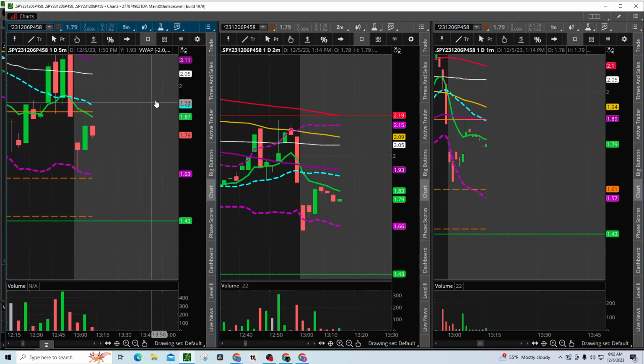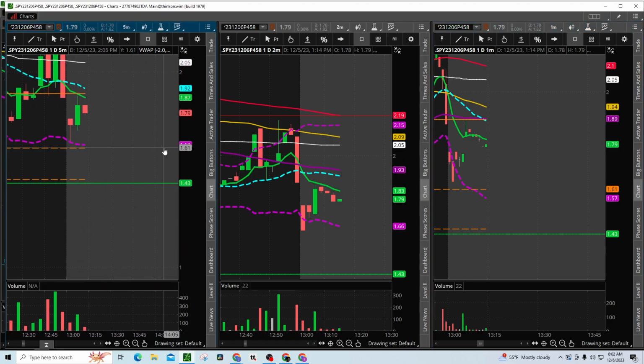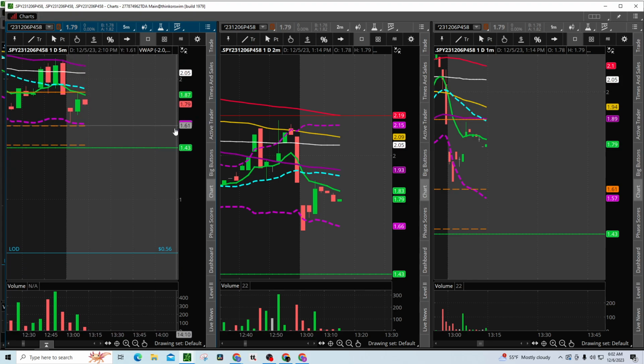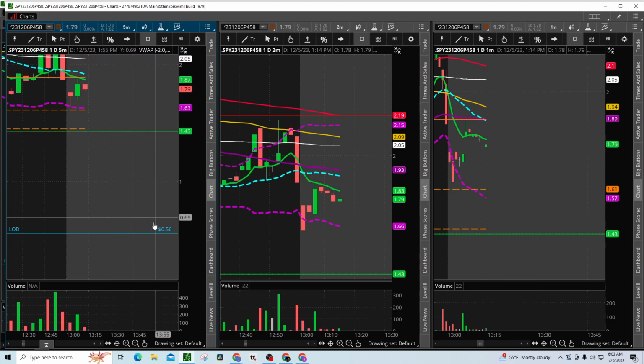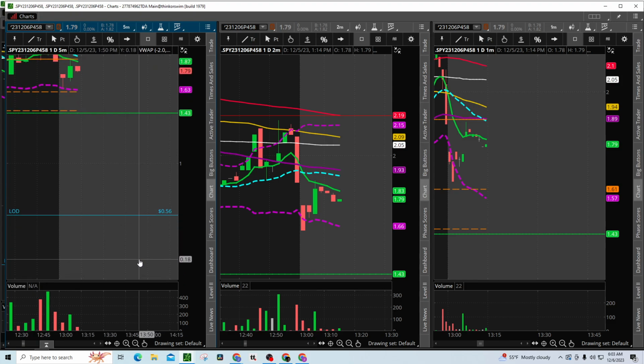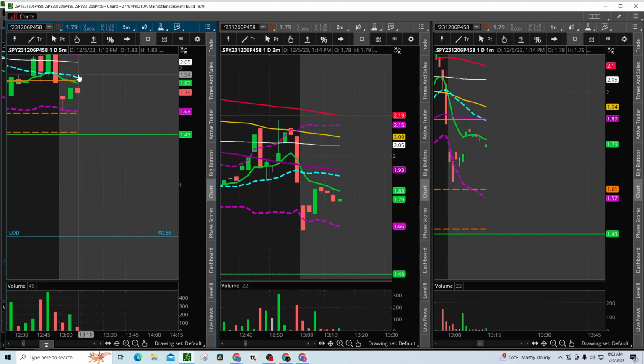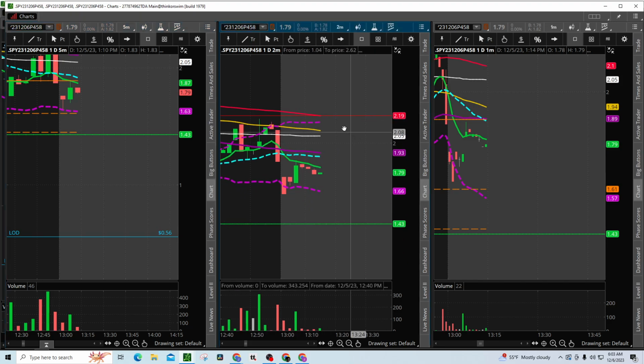The only thing I want to know when I'm about to watch this for the day, especially if these are losing value, is where 0 is and where the blue line is. It doesn't have to be exactly 0, 15, 20 cents is fine. I need to know where the low of the day is and where this is trending down.